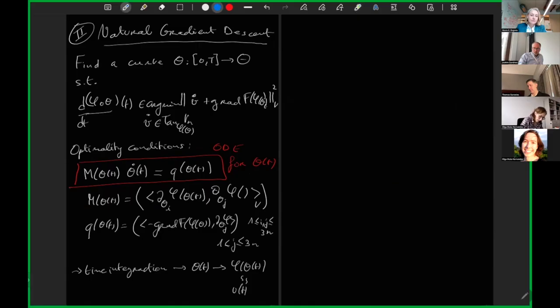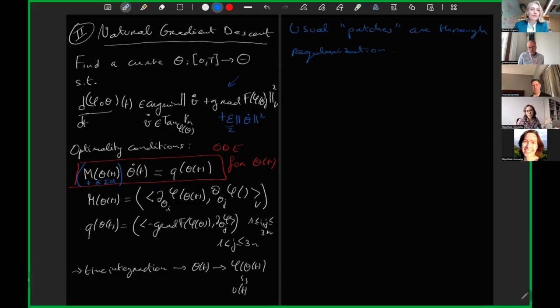Now, the usual workarounds for this, the usual patches, I would say, are through regularization. Roughly speaking, if I come back to my optimization problem, I am going to add an extra regularization term of this form, which is eventually going to lead to my optimality conditions being modified, and I am going to add some epsilon times identity to the matrix, and automatically this is going to become invertible.